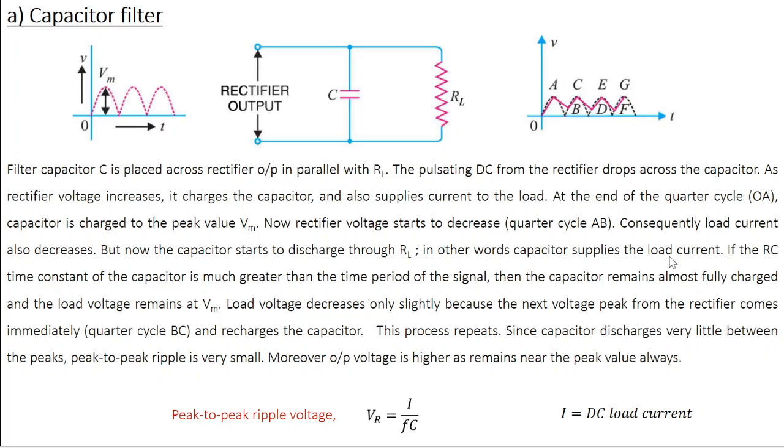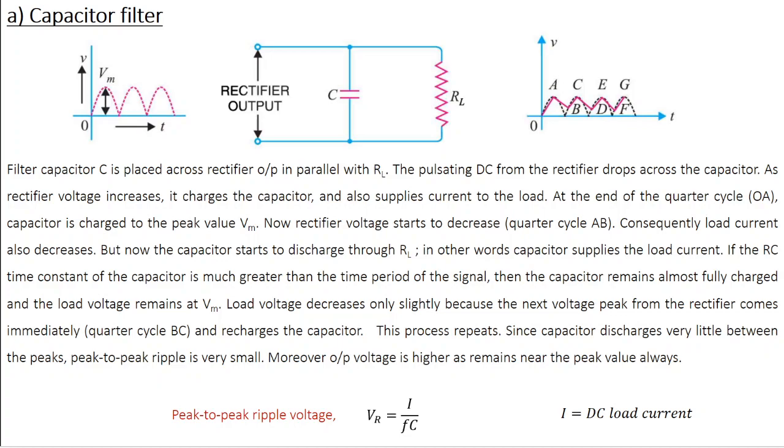Now, how fast does the capacitor discharge? That depends on a parameter known as the RC time constant, where R is the load resistance and C is the capacitance. In this particular case, this is RL times C. If the RC time constant is large, the capacitor discharges very slowly.